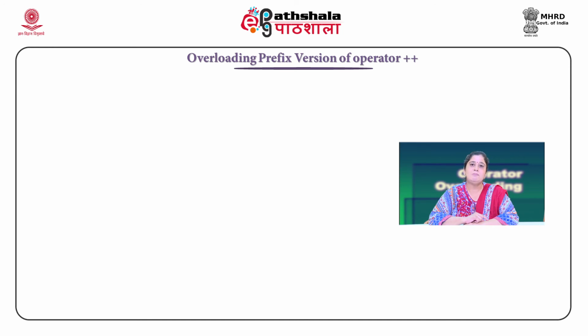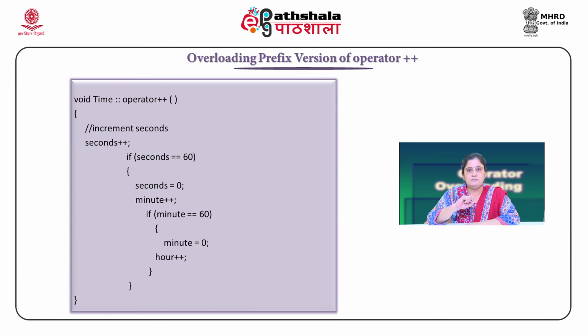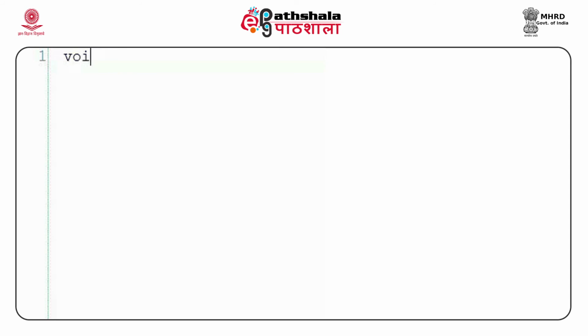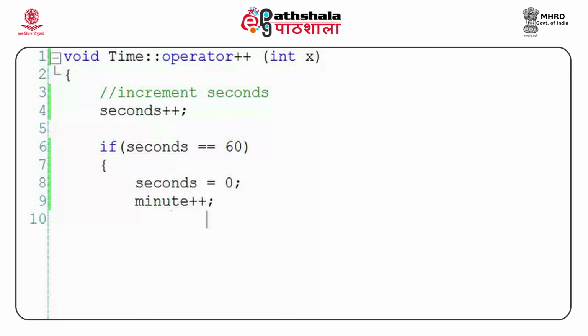So, if we overload this plus plus operator for a time class, the prototype will be void operator plus plus with no argument for the prefix version, and void operator plus plus with an integer argument for the postfix version. We can have a look at these two overloaded versions of the plus plus operator.